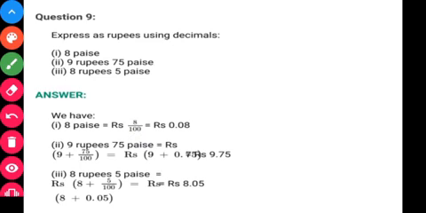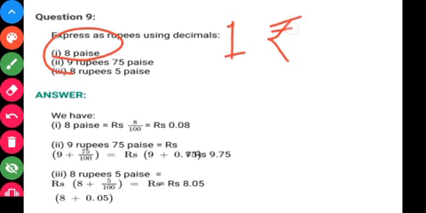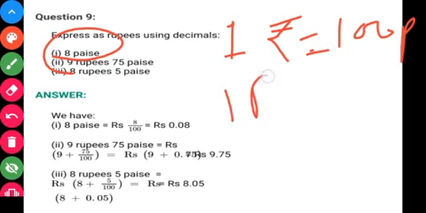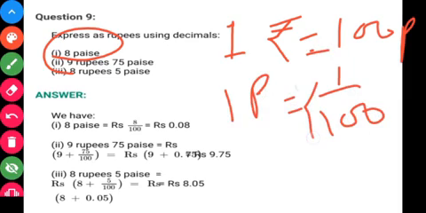Now come to the next question. Question number 9 is given: express as rupees using decimals. So you know 1 rupee is equal to 100 paise. Therefore 1 paise is equal to 1 upon 100 rupees.